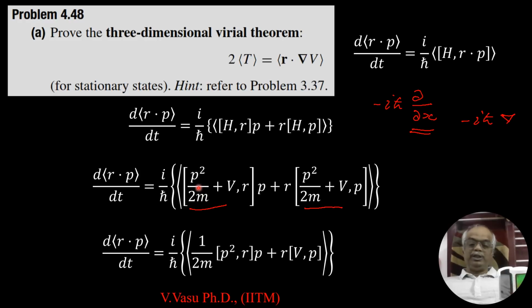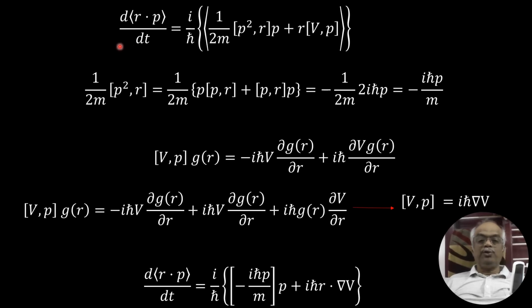The only non-commuting term is P squared and R. So you take 1 over 2m outside, and this becomes the commutator of P squared with R, and of course you have to multiply with P. Then P squared will commute with P, so that becomes 0. The only non-commuting term is V with P. So we have replaced this time derivative like this, and we will reduce it further.